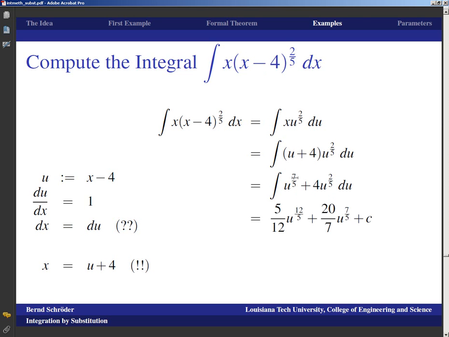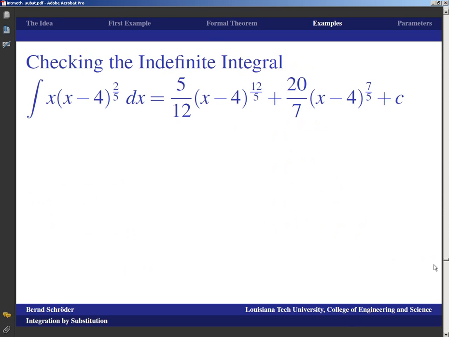So this becomes, well, 7/5 plus 1 is 12/5, so we end up with 5 over 12 u to the 12/5. 2/5 plus 1 is 7/5, so we end up with 5 over 7 times 4, which is 20 over 7 u to the 7/5, right, plus c. And then we back substitute, so this is 5 over 12 (x minus 4) to the 12/5 plus 20 over 7 (x minus 4) to the 7/5 plus c.